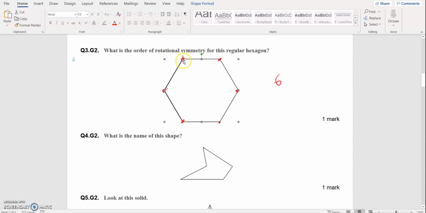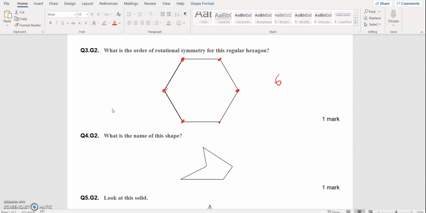Now you've got to check that you didn't really count this when you started. So if I counted this corner, this vertex, when I started, I don't count it again when I come full circle.